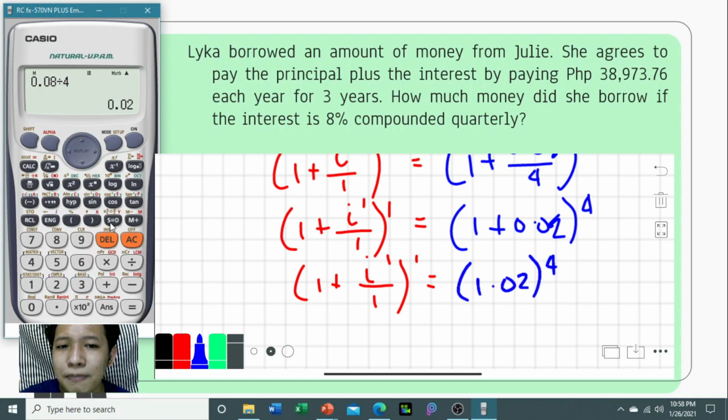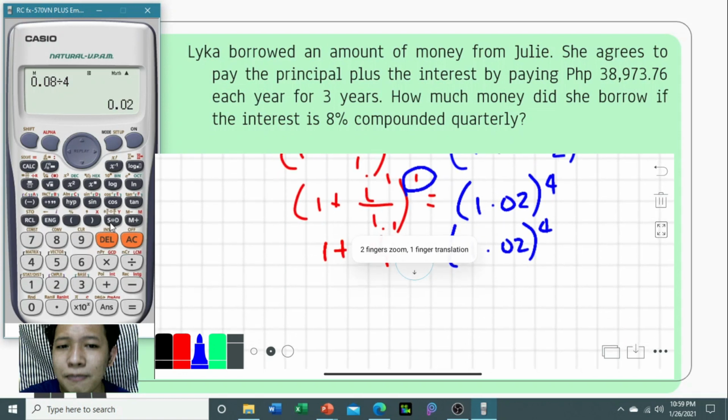Okay po, so since raised to 1 lang naman ito, pwede na po natin siyang i-cancel out kasi automatic, same lang din yung magiging value. So we have 1 + i^(1)/1 equals 1.02 raised to 4.